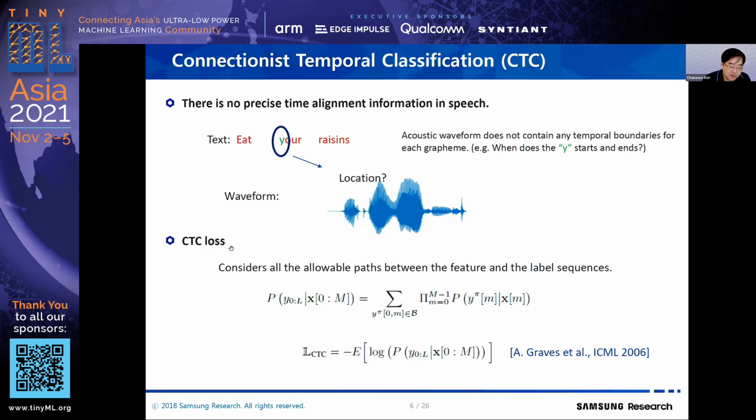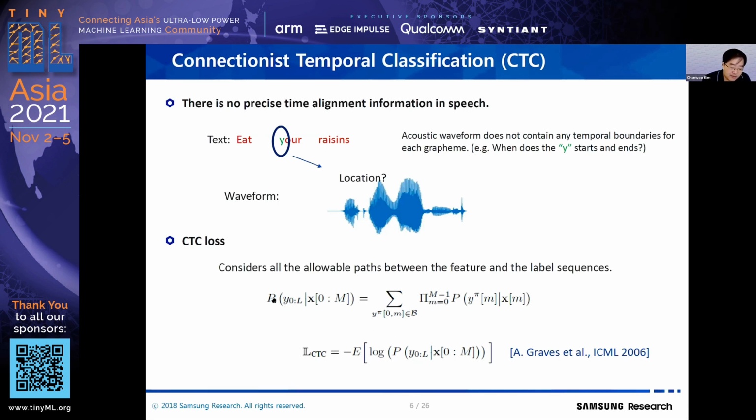So in CTC loss, actually, it's still a CE loss. So it's still based on the cross entropy loss, but because there are all different possible alignments, actually, he did a summation to cover all possible alignments. So in this equation, the symbol Y represents the text, and the X represents the input acoustic feature. So by using the conditional independence assumption, actually he represented the sequence probability as a product, and he actually summed up all possible alignments.